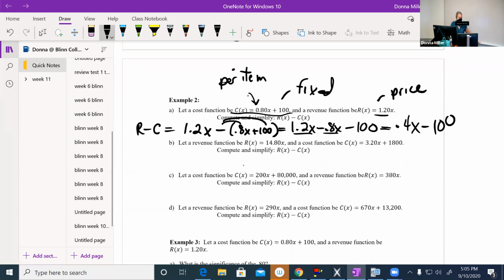Okay, you guys get done with it? You can tell me what they got. 11.6X minus 1,800.